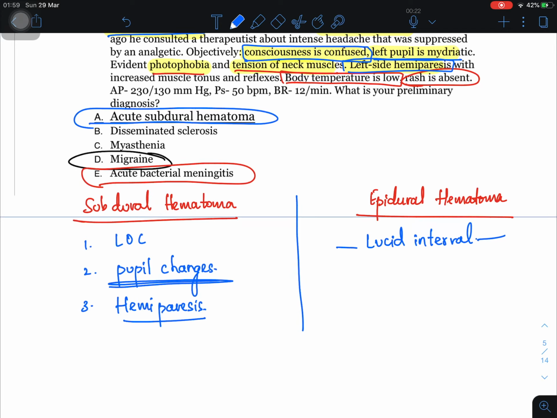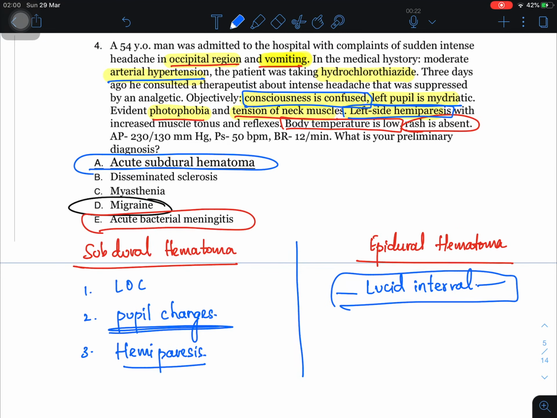Now after regaining consciousness, he'll do his work normally, and again suddenly he'll be unconscious for a brief period, and after that again he'll be conscious. This interval in between is called a lucid interval, which doesn't happen in subdural hematoma. Such a case is also not given here, right?